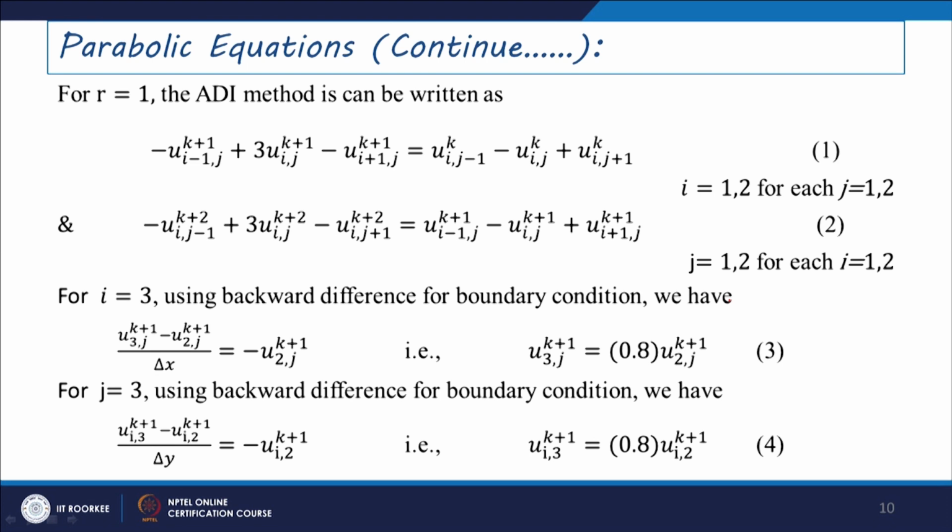So, for this let us go to the next slide here. For r equals to 1, the ADI method can be written as minus u i minus 1 j k plus 1 plus 3 u i j k plus 1 minus u i plus 1 j k plus 1.